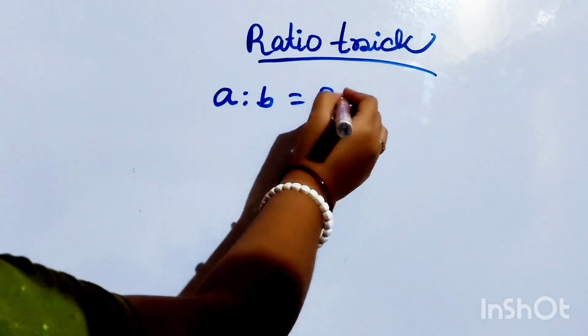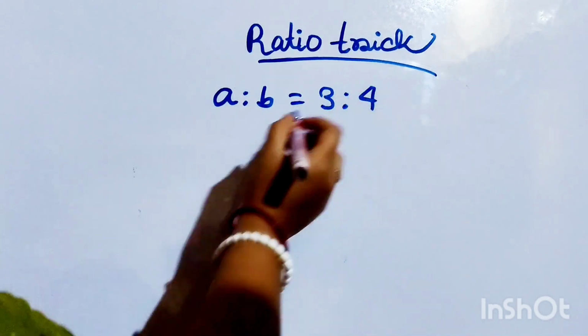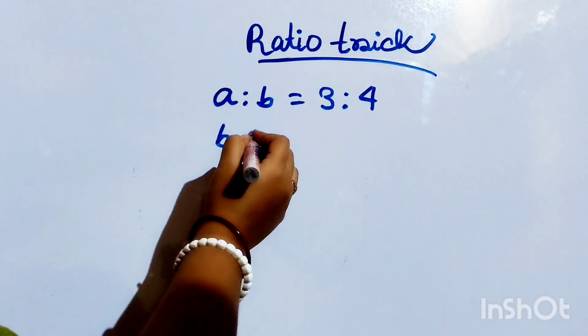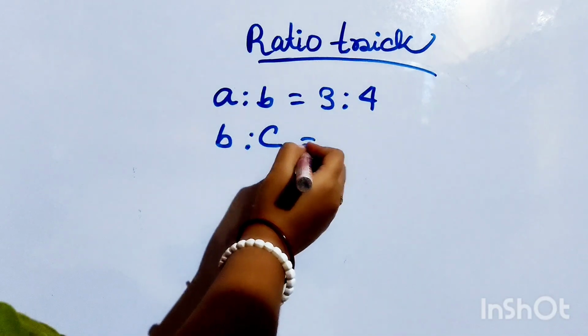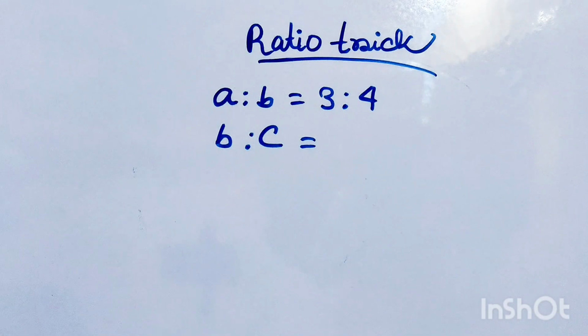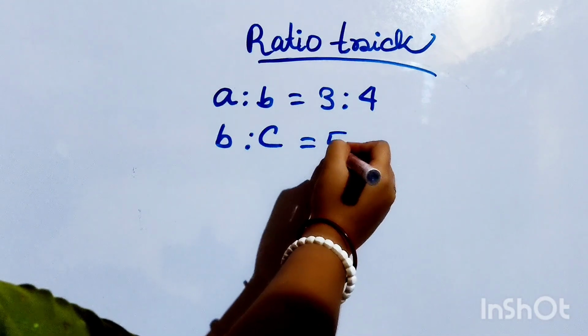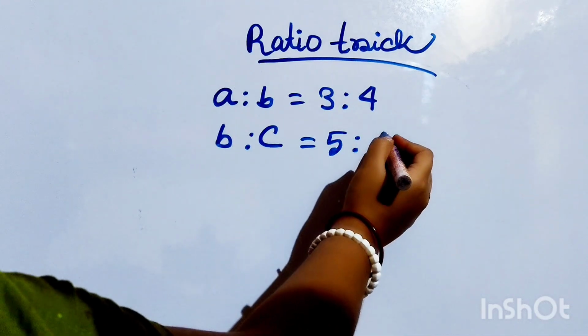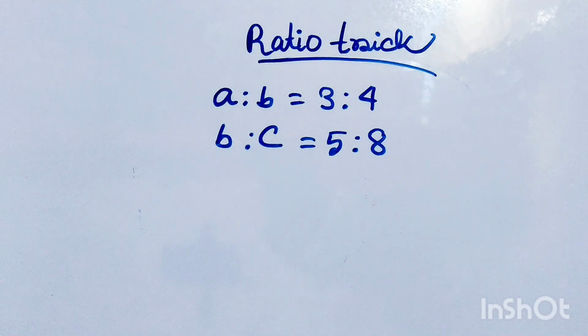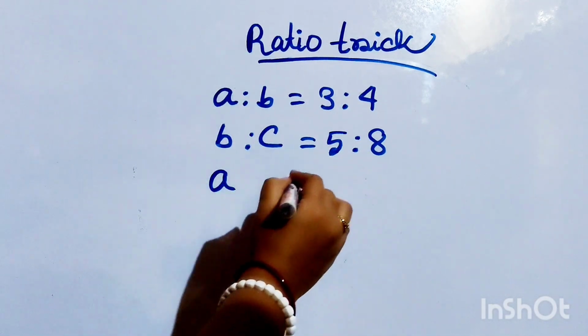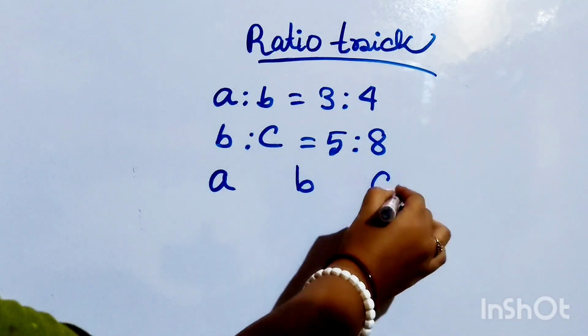Suppose A is to B is given 3 is to 4 and B is to C is also given: B is to C equals 5 is to 8. So these are given in the question. Now I am sharing the trick, and if you want you can note it down.